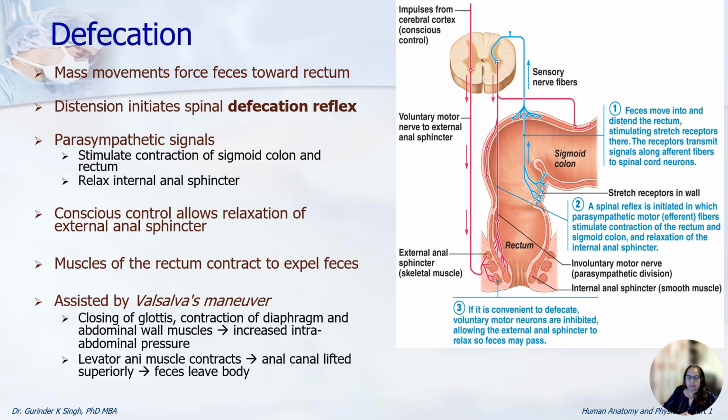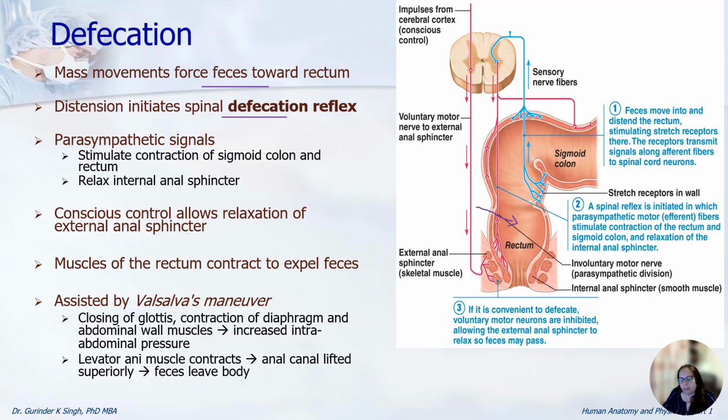Then comes the last function of the intestine or the colon, which is called defecation. So the process of defecation means you move the feces towards the rectum. And once the rectum has feces inside it, that distension triggers the spinal defecation reflex.